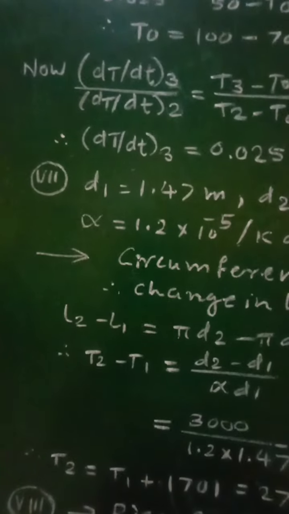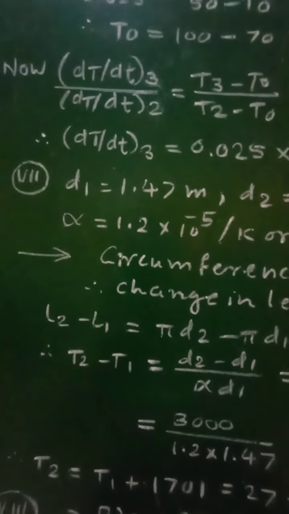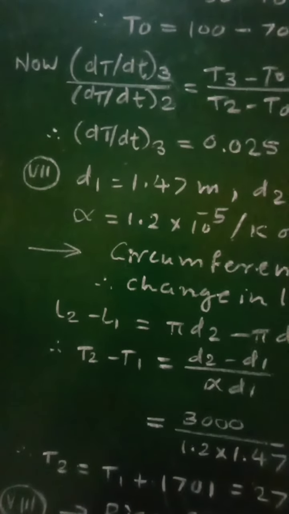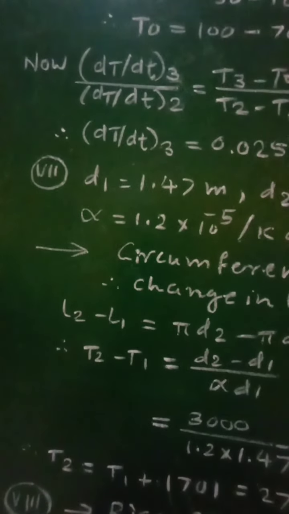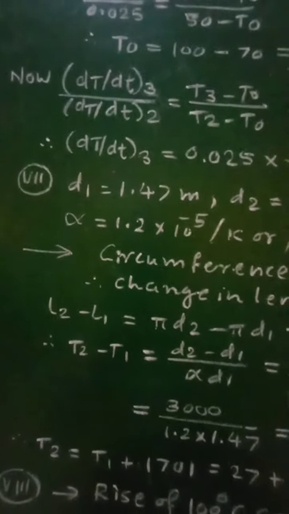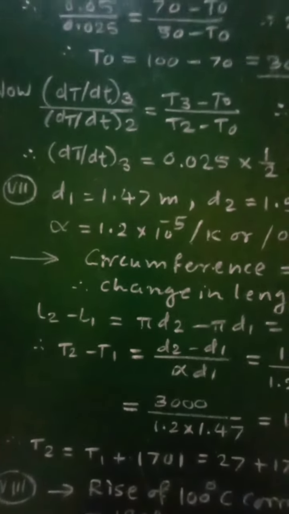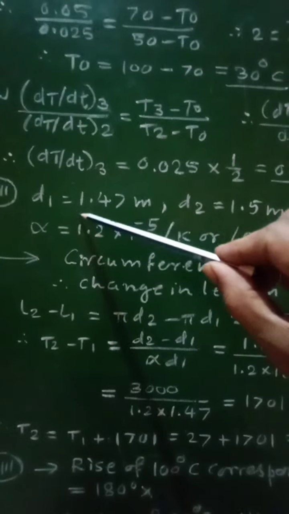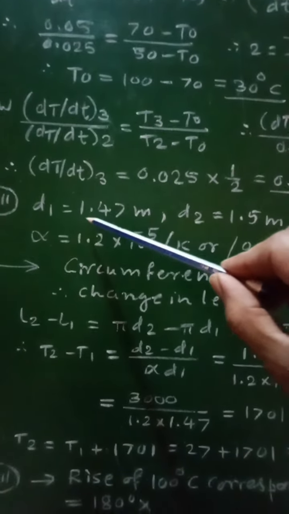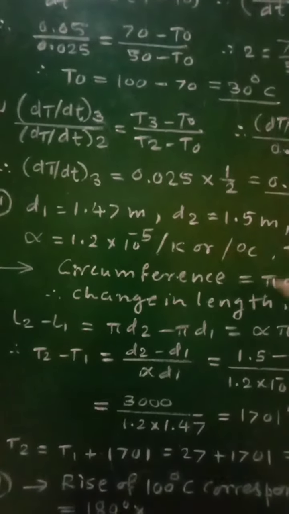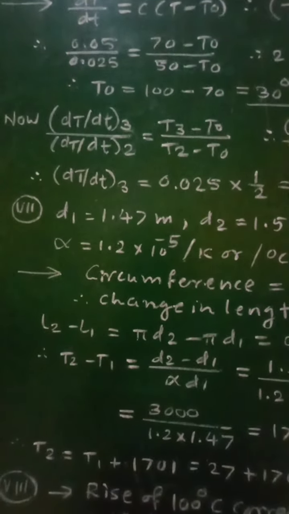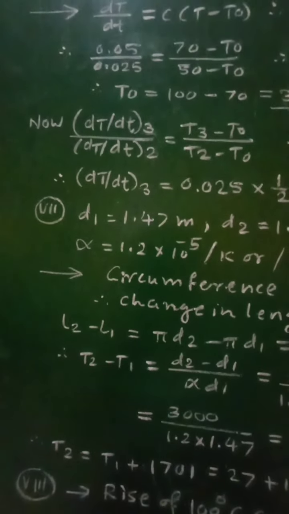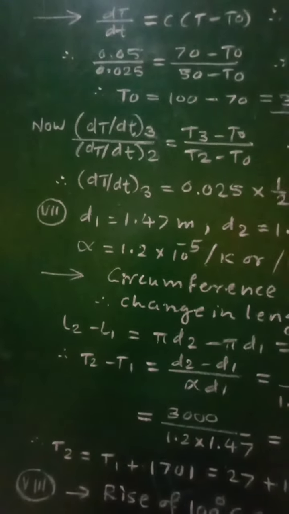of the wheel, for which alpha for iron is given as 1.2 into 10 raised to minus 5 per Kelvin. And therefore, for this numerical, the given data is: diameter D1 will be equal to 1.47 meter. Because here two diameters are given, for the wooden rim as well as for the iron ring.